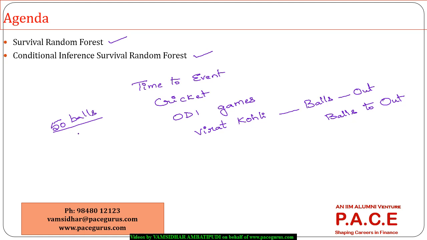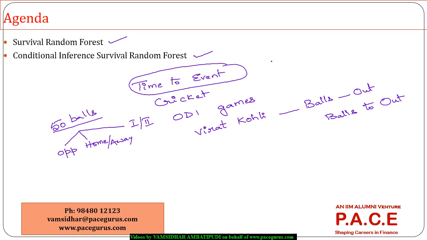I want to link them to various attributes depending on the kind of opposition that he is playing, or depending on whether he is playing at home or he is playing outside India, or depending on whether he is playing in the first innings or in the second innings. So, like that, I really want to understand the time to event, which is the balls to get out.